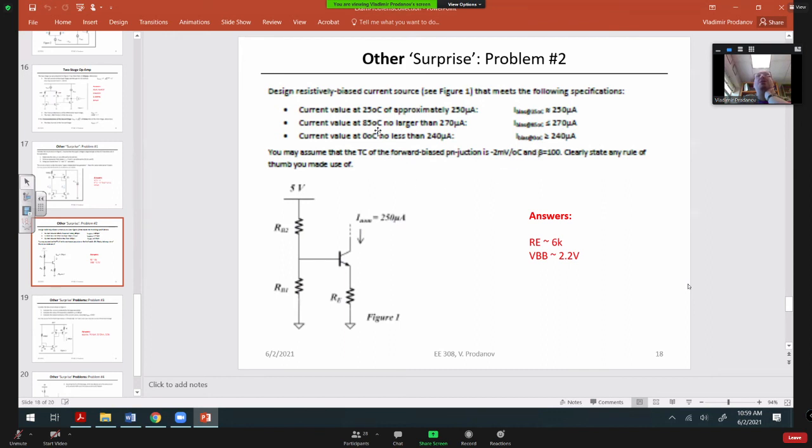You might ask, well, if I have two equations, two unknowns, why the heck do I need to consider the third case? The third case might be the worst case of the two.